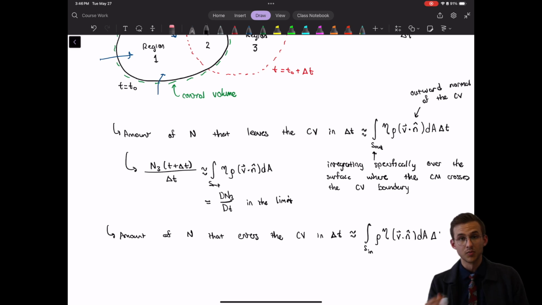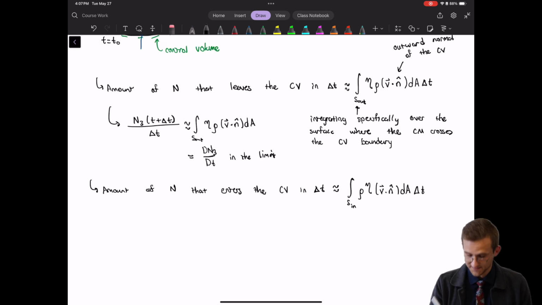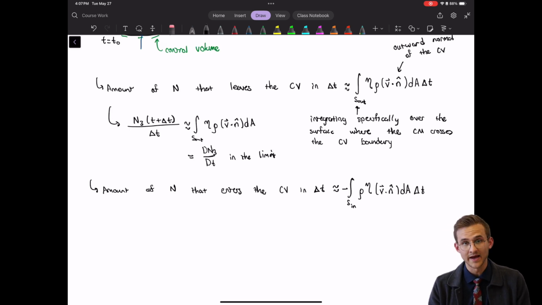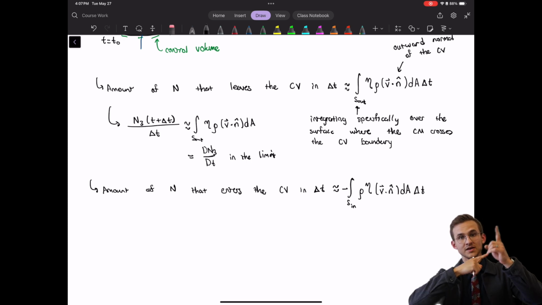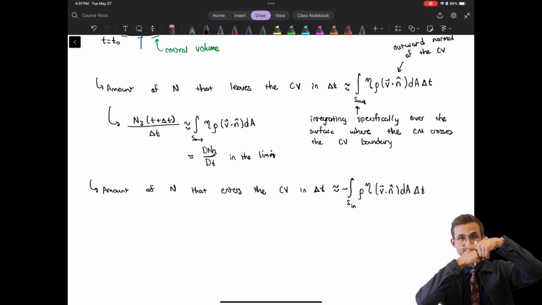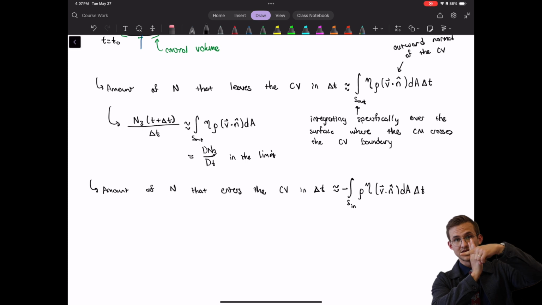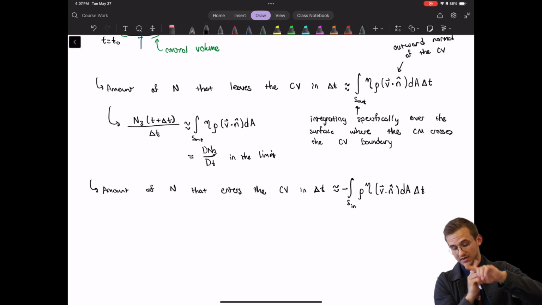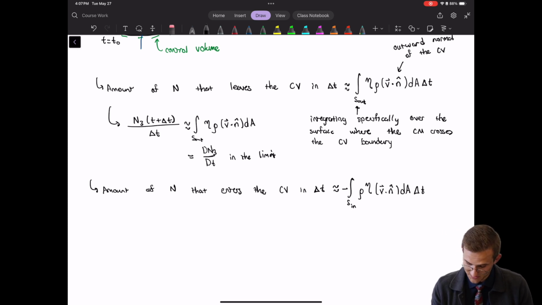Importantly, we need to place a negative sign here because we're still using the outward normal n hat, and that's anti-aligned with flow that's coming into the surface. If the surface is here and you're looking at flow coming in, the outward normal is pointing this way, so that anti-alignment is going to make you pick up a negative sign. But because we want to account for the amount of flow into the control volume and want that to be positive, we need to apply a negative sign to make the signs work out there.